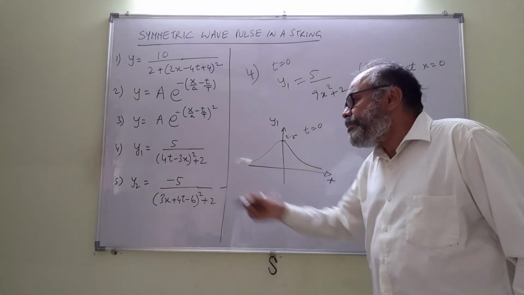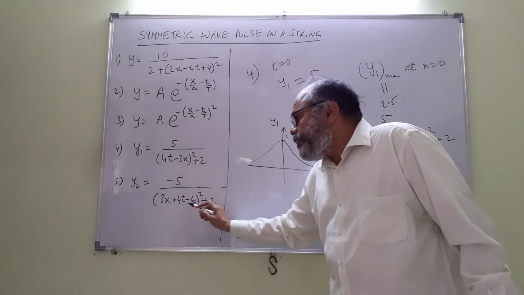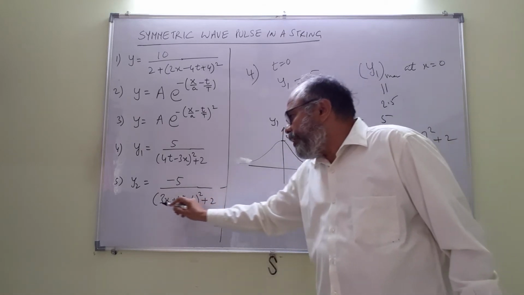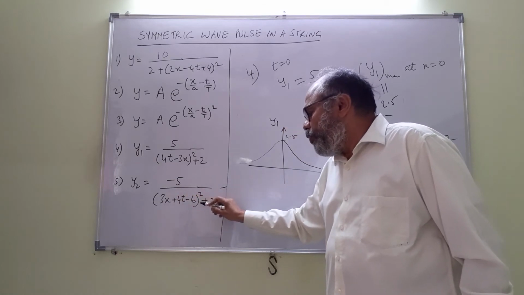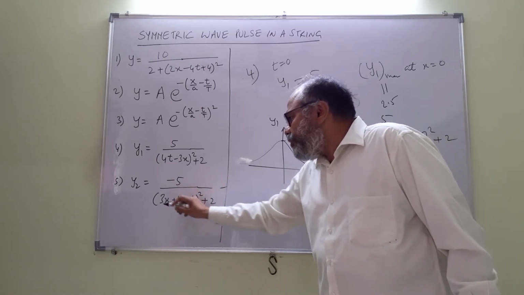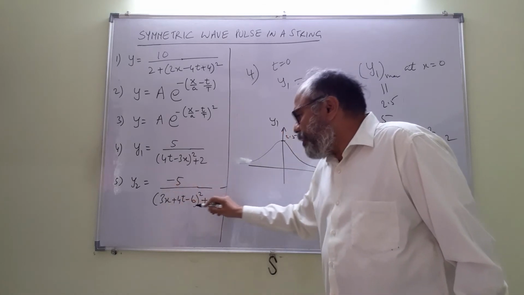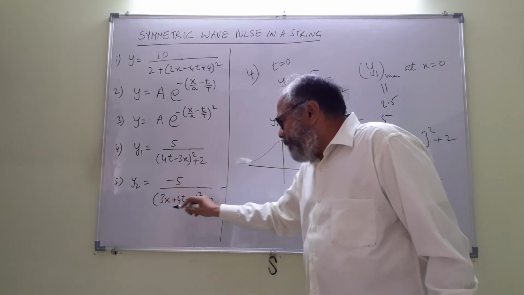In the fifth example, you will have a minimum, because when this quantity 3x plus 4t minus 6 is 0, this can't be negative because it is squared. So the minimum value this can take is 0. So the denominator will be minimum. So 5 by the minimum value, the absolute value will be maximum.